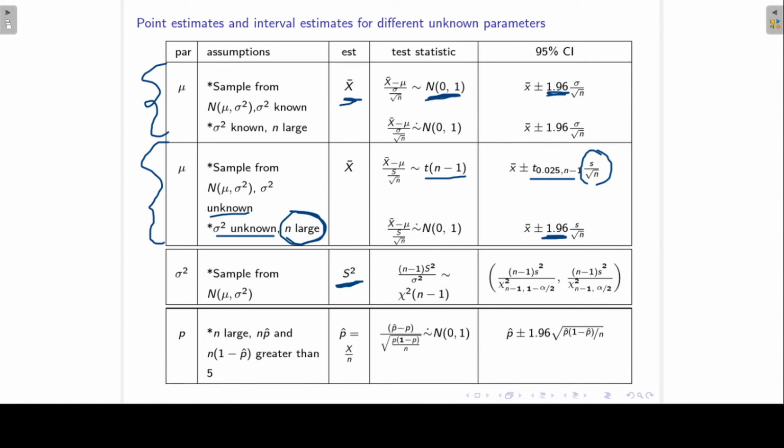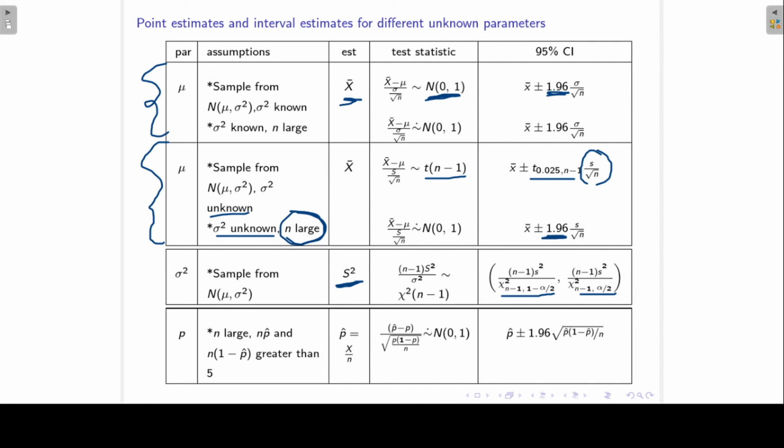And here in the last column, we have the 95% confidence interval, and we get our critical values from the chi-square tables.